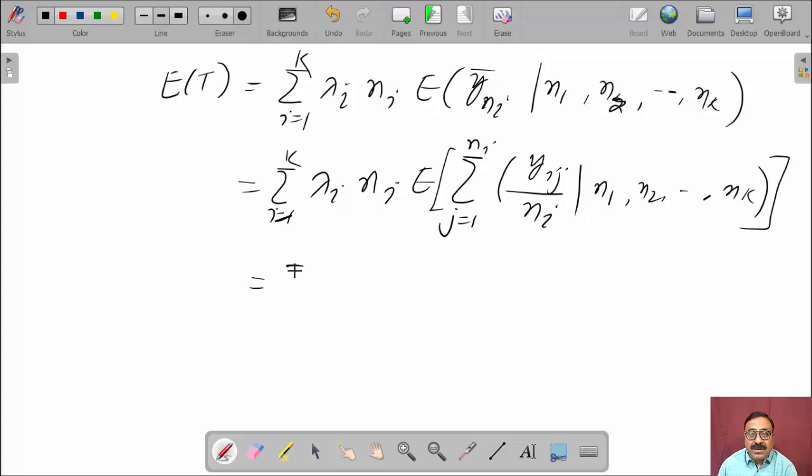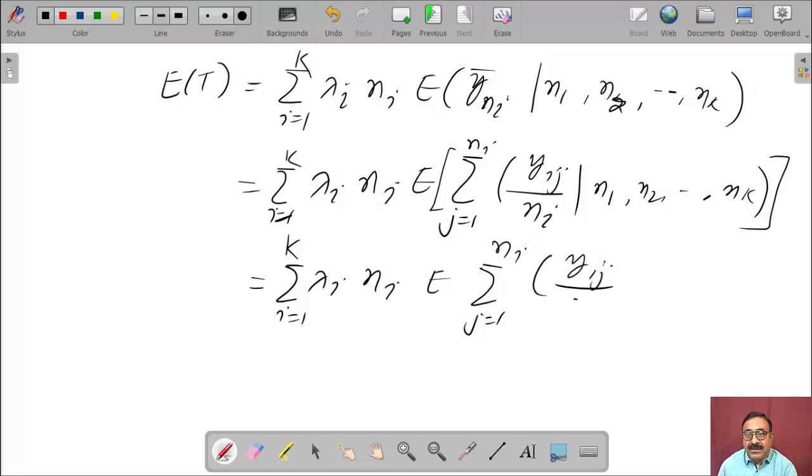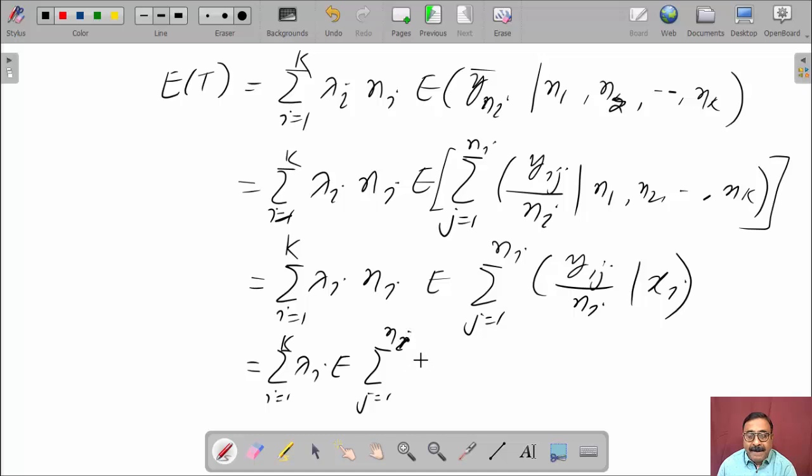So that is equal to summation i equal to 1 to k lambda i ni expectation of summation j equal to 1 to ni yij by ni given the ith value of the auxiliary variable xi. So this will be equal to summation i equal to 1 to k lambda i expectation of summation j equal to 1 to ni yij given xi.